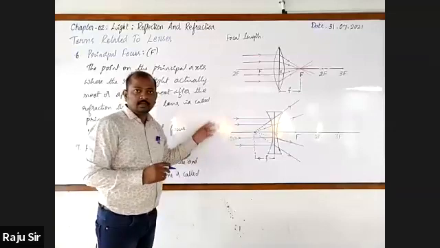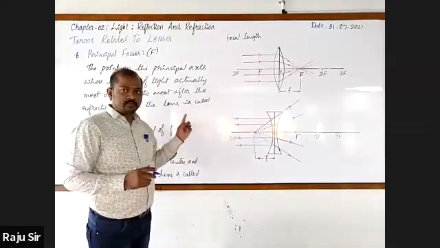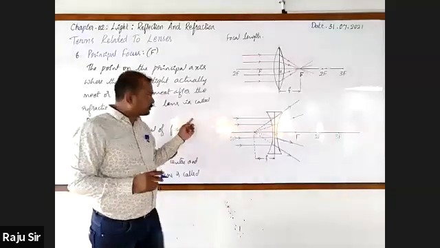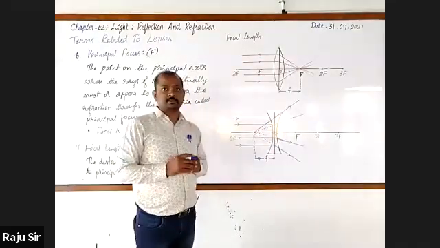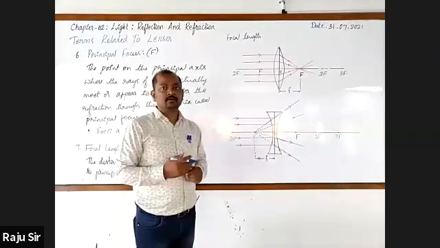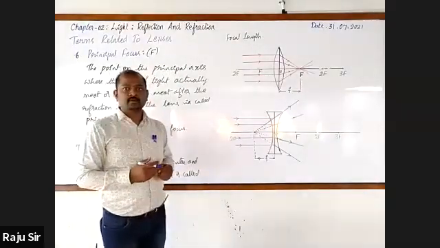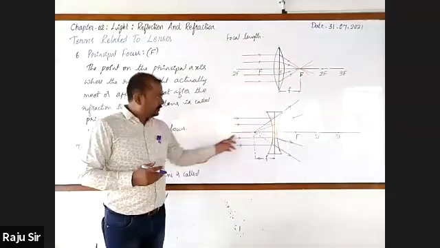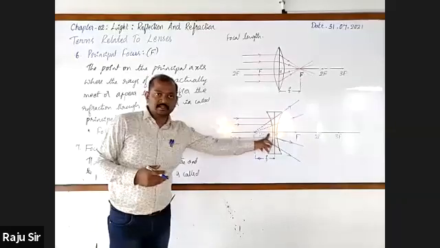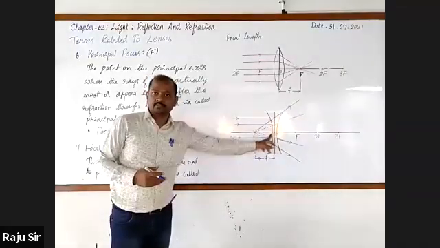And one more piece of information. Look here. Assume we take the ray of light which moves along the principal axis. Does it undergo refraction? No. What is the reason? Because the angle of incidence is 0 degree, perpendicular to the surface of the lens.